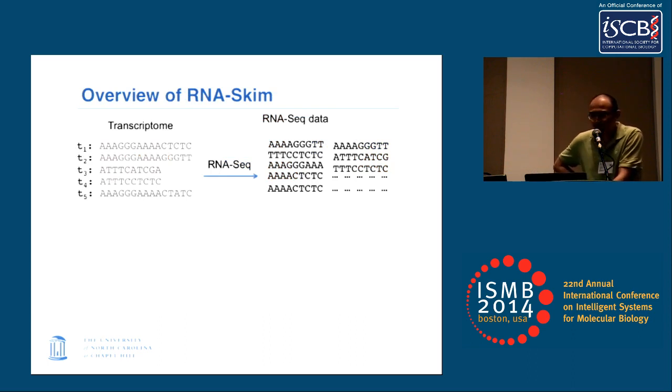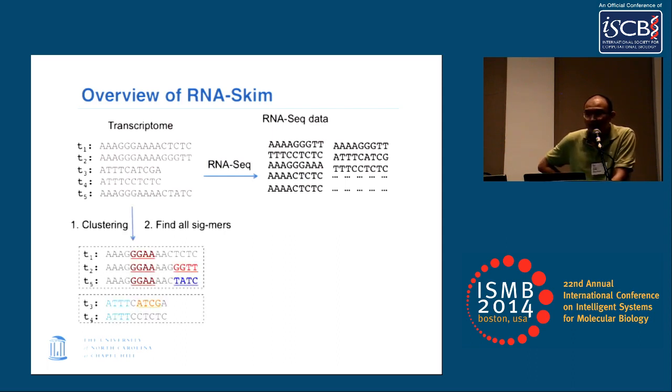So here's the overview of the RNA-Skim pipeline. We have a transcriptome, and we go through RNA-Seq, and we have a list of reads. The first step is based only on the input from the transcriptome, where we cluster the transcripts into different groups based on their similarities. Then we detect all the sigmers, and we select a subset of sigmers from there.